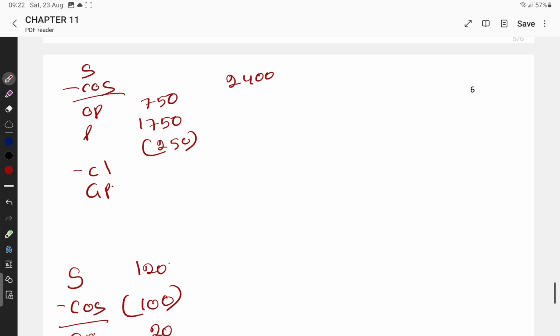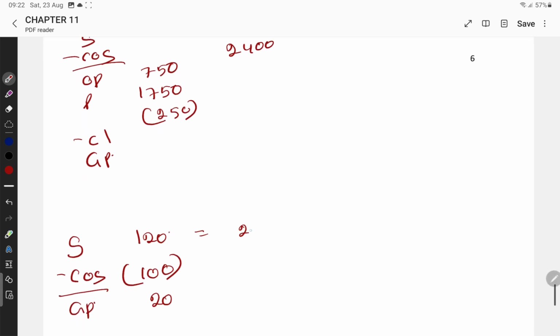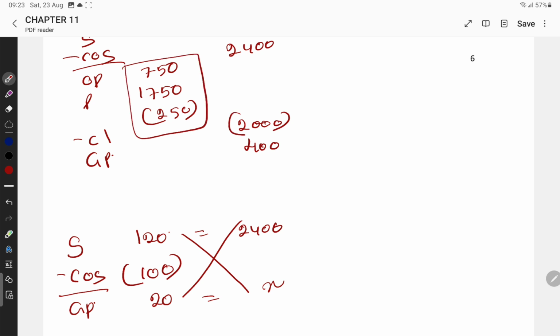So if 120 is equal to 2400, I need to find how much is 20. We have to do the cross multiplication. So 2400 into 20 divided by 120, your gross profit is 400. So if your gross profit is 400, your cost of sales will be 2000. So when I do this calculation, that is 750 plus 1750, take away 250, this is 2250.